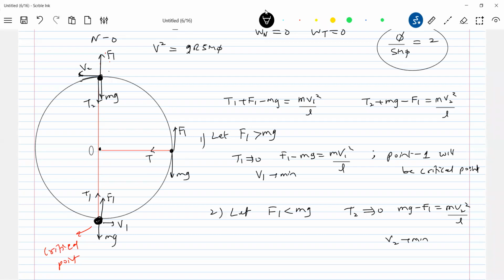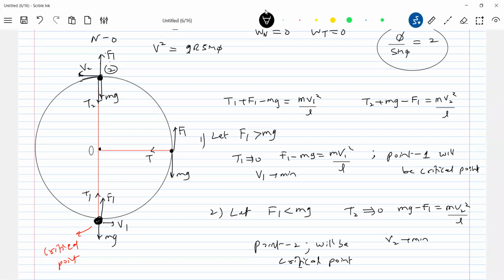Now tell me, what is the critical point now? Point 2 will be the critical point here. This is a very important analysis. When it comes, what is the critical point? Very important. And this V2 is minimum, which you have to call the critical velocity.